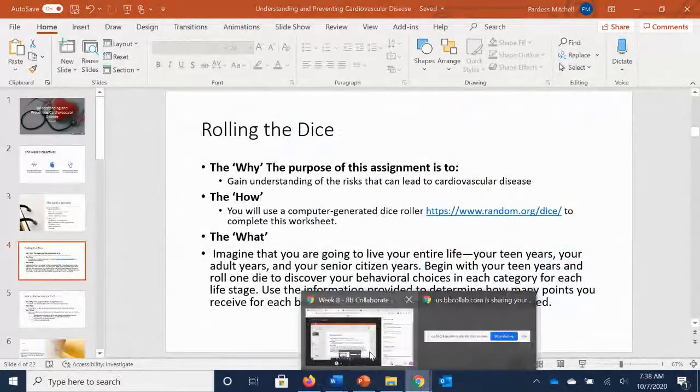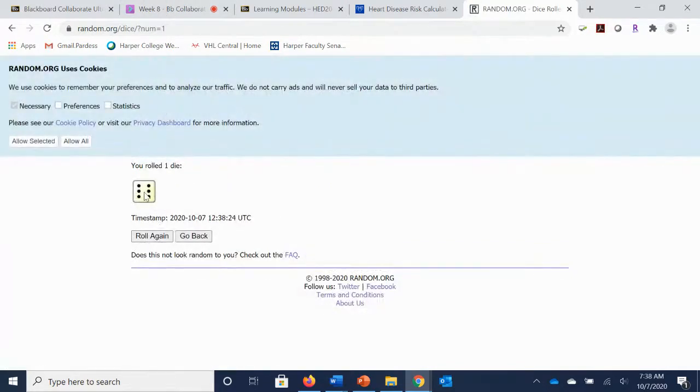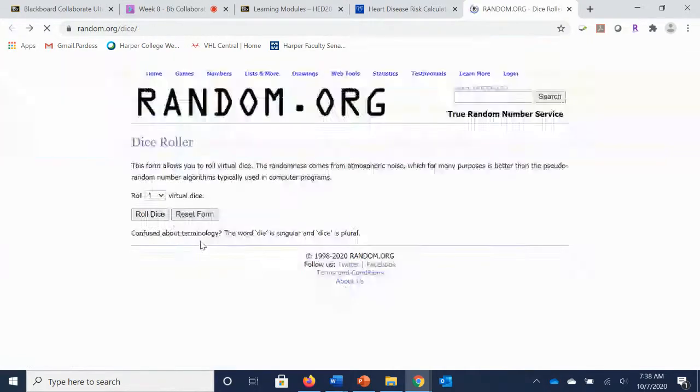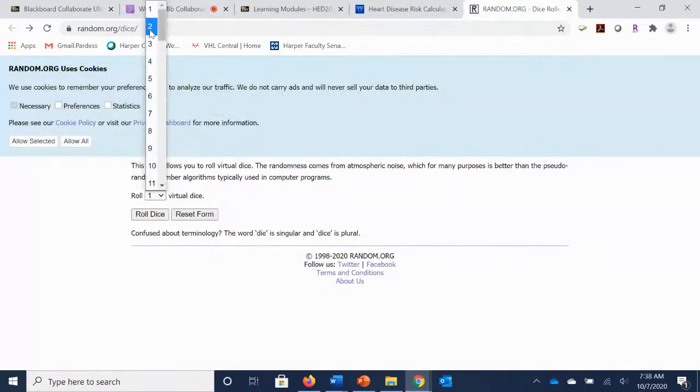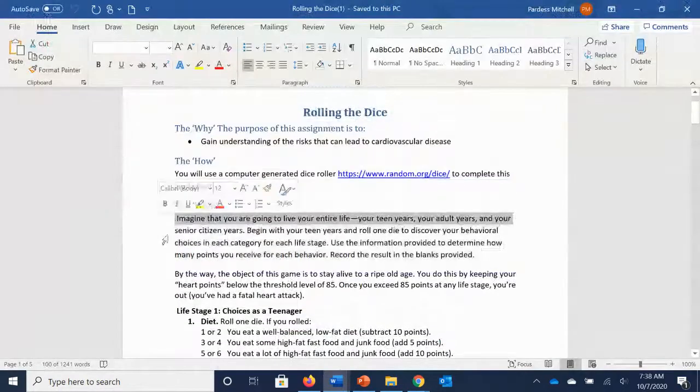Let me pull that up here, and it looks like this. If you're rolling one dice, you would just click on one, roll dice, and then there's what you rolled. You can roll again, or you can go back and change the dice to 2. I just really wanted to go over this assignment with you briefly.